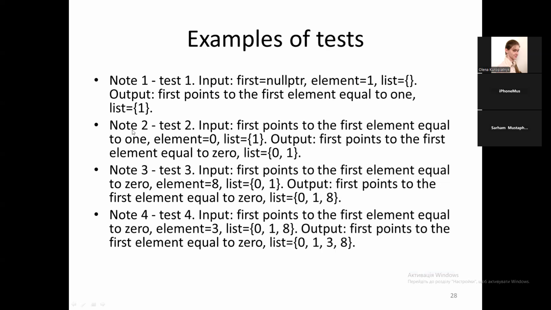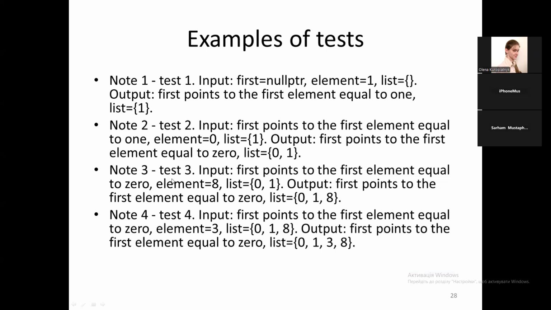For the second case, test 2, input: first points to the first element equal to 1, the new element is 0, and the list is 1. As the outcome of this test, I will have a list with 2 numbers, 0 and 1.